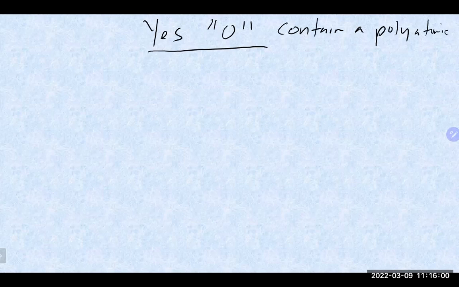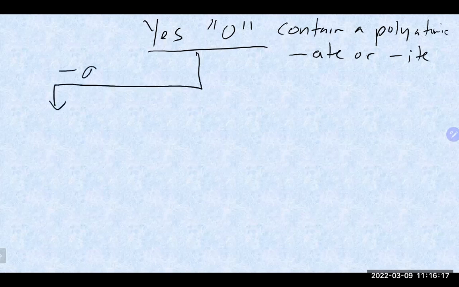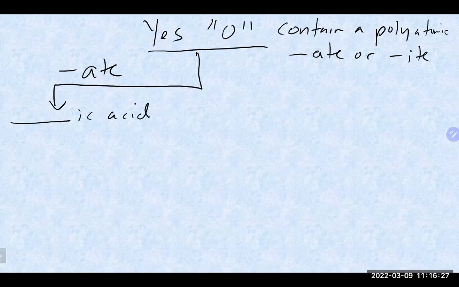Pretty much our polyatomic ions will end in one of two ways, ate or ite. So if your acid does have oxygen and your polyatomic ion ends in ate, your acid will be something ic acid. Absolutely no hydro here, because hydro is just for guys that do not have oxygen.